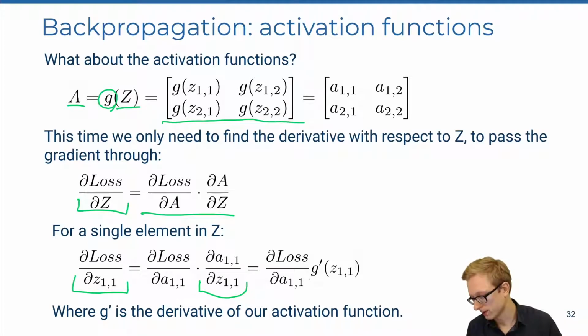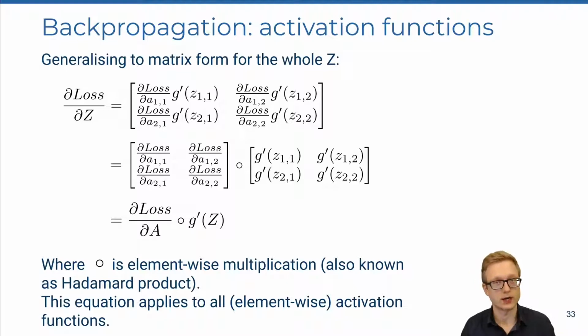So we can write it out like this. Now, we can generalize back to a full matrix. So now we find the partial derivative of the loss with respect to the full input matrix Z. We can write out the values that we have found, but now for each element of Z.